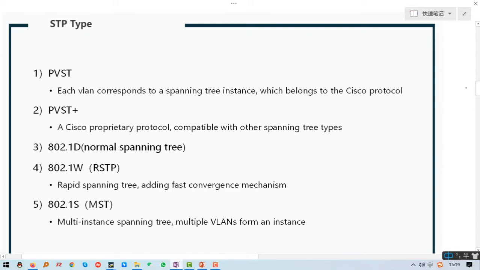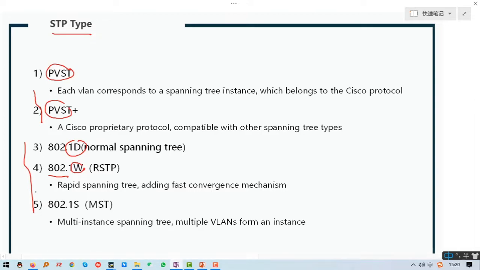So there are 5 types of spanning tree, among which PVST and PVST Plus belong to Cisco protocols, and 802.1d, 802.1w and 802.1s are public protocols.